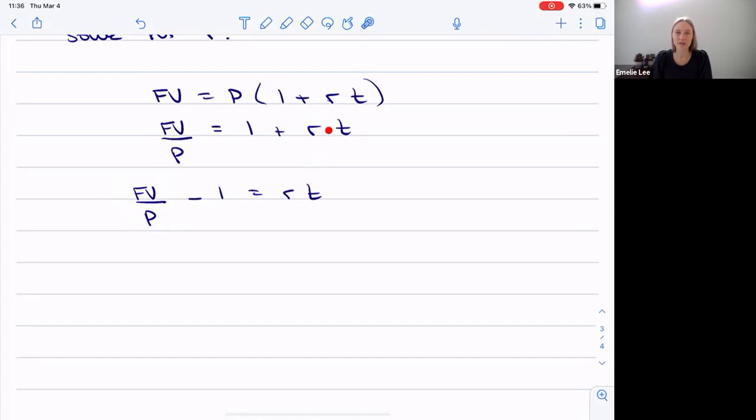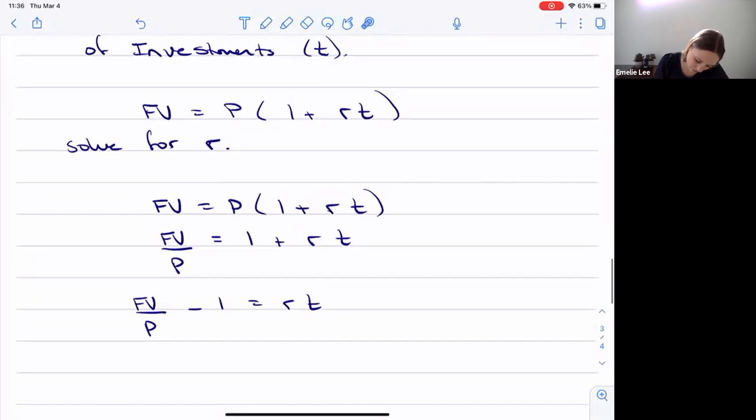These few steps are the same whether we have to solve for R or for T. Right now we just make the decision: if I'm solving for R, then I need to divide both sides by T, right? And if I'm solving for T, then I would need to divide both sides by R, right? And maybe while we're here, I'll just solve for R and then for T. Let's just get them both out of the way right away.